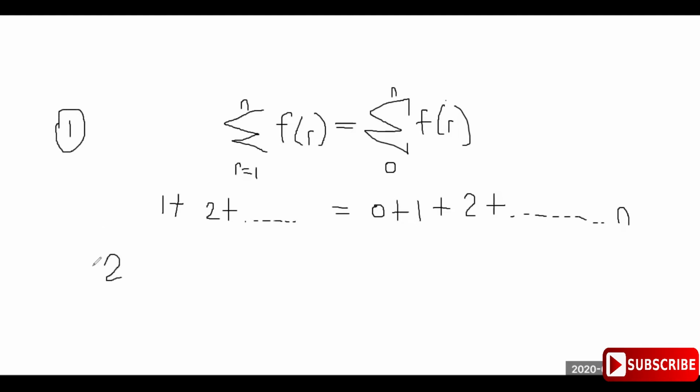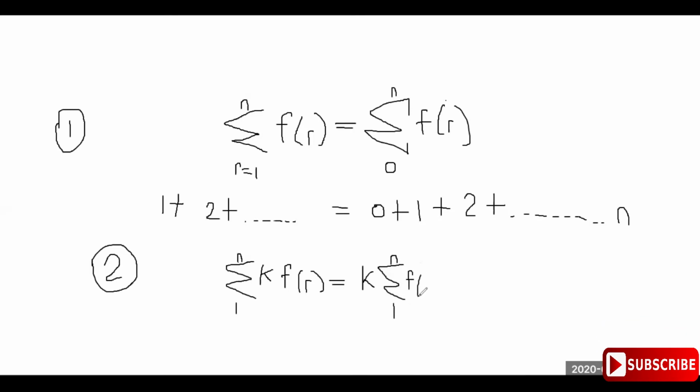There are some other important properties, like the sum from 1 to n of a constant k times a function of r. These are easy properties to remember. It is just the constant times the summation from 1 to n of f of r. And there's another very important one that goes like this.